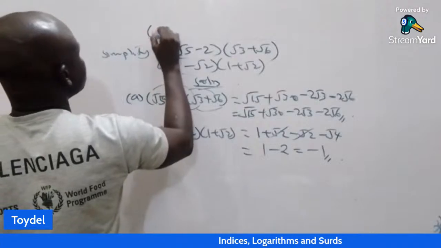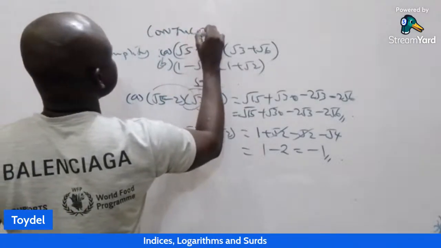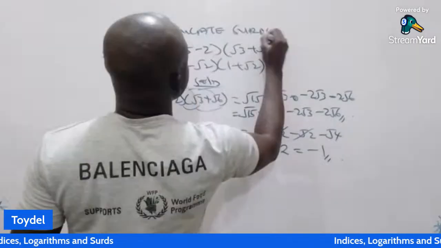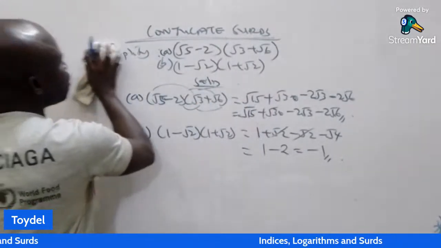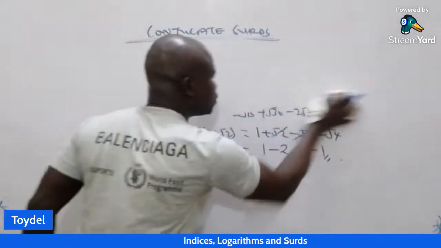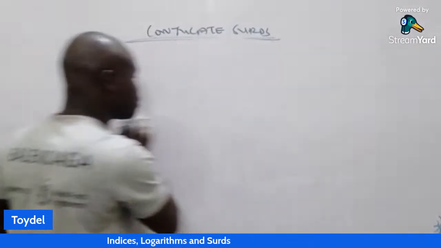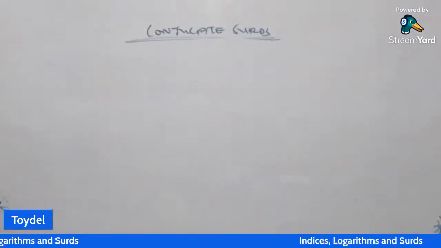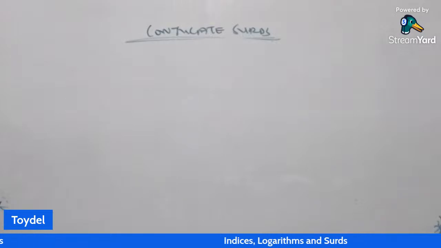We now quickly talk on conjugate surds. Under conjugate surds, it is very simple. Why do we need conjugate surds? The knowledge of conjugate surds is required for us to be able to rationalize. That is, if you have a surd that involves a fraction, we talk about rationalization.